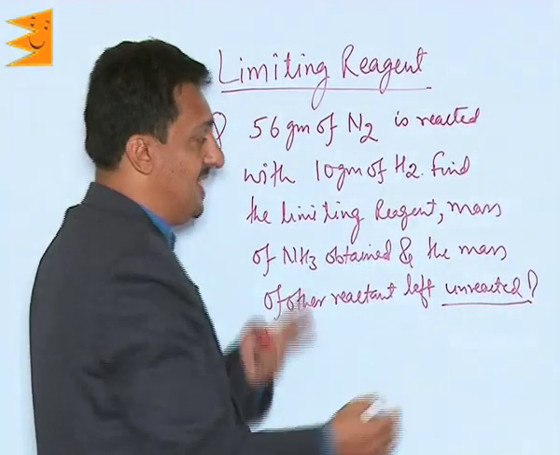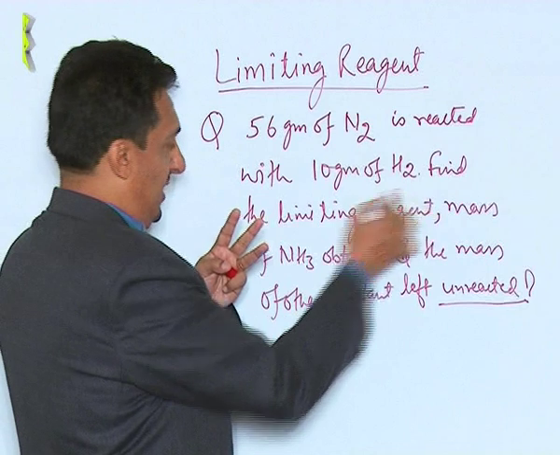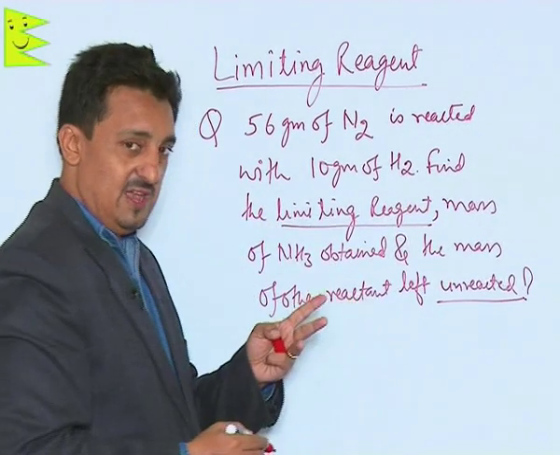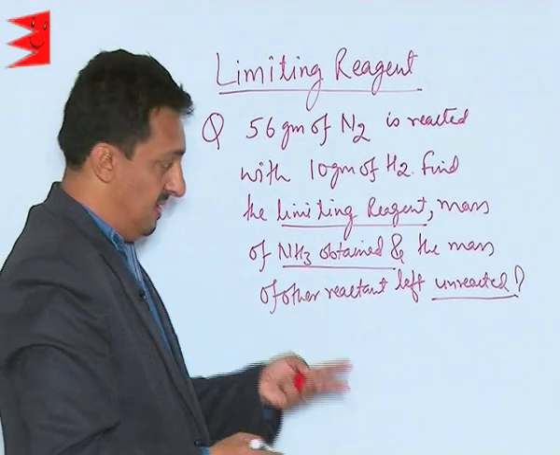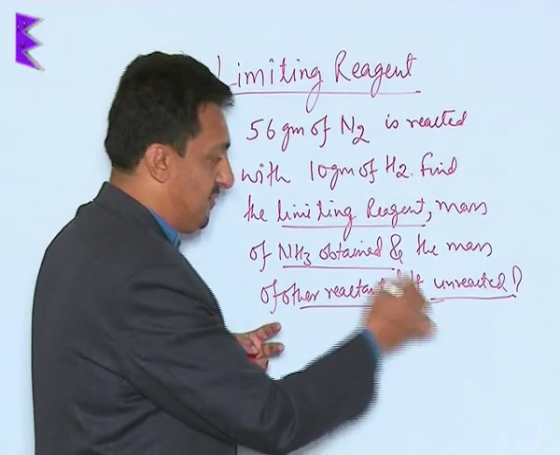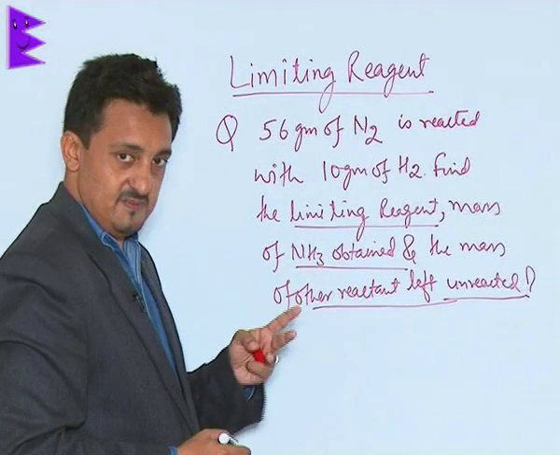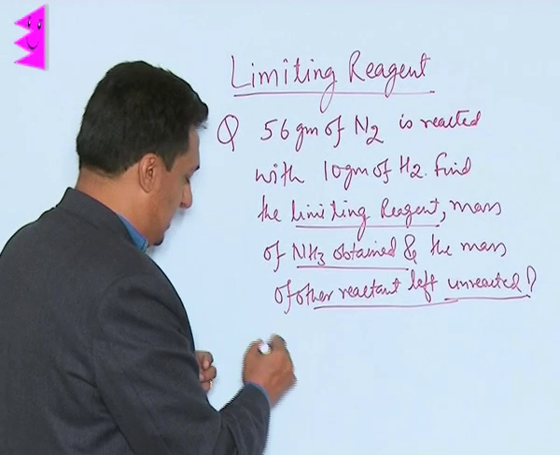So these are the three things we have to find out. The first is to identify the limiting reagent, then find the ammonia obtained, and then find the other reactant left unreacted. Three things. Now let us write down the reaction first.